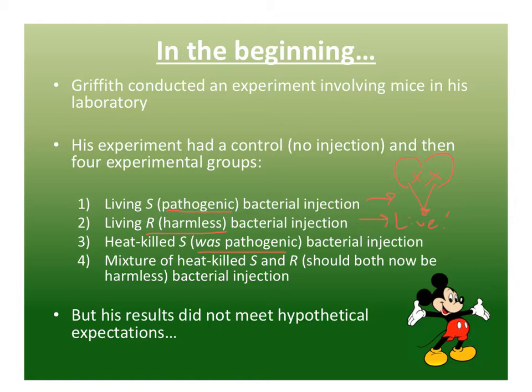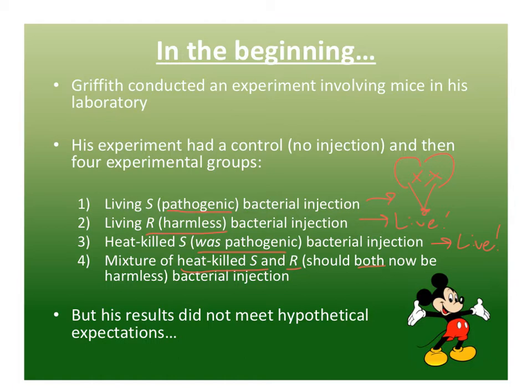Now again, the expectation probably is that these mice will live, because the bacterium was a bad one, but now it is a dead bad one. Then the fourth group was a mixture of heat-killed pathogenic bacteria and living harmless bacteria, which again should both be harmless at this point, right?